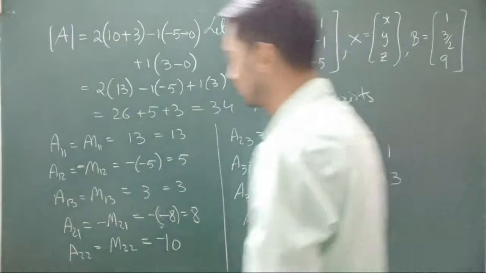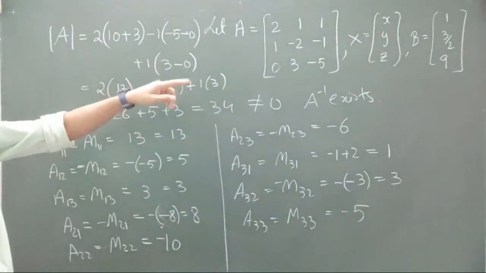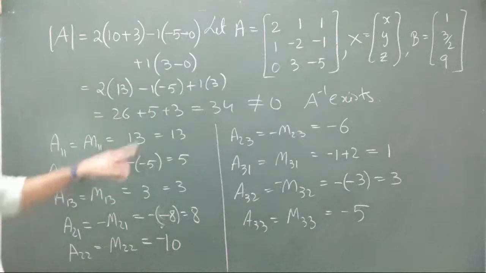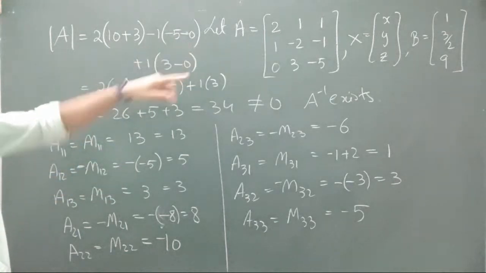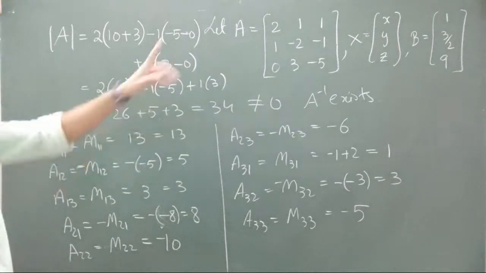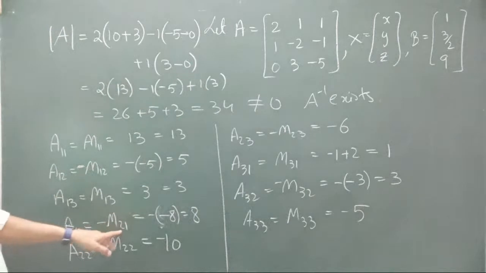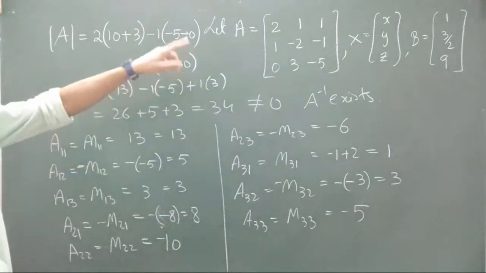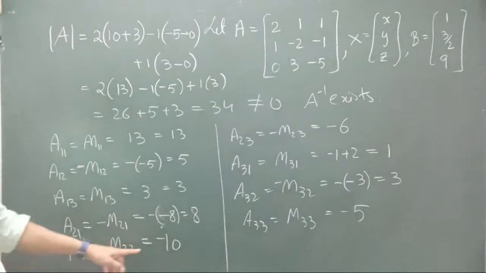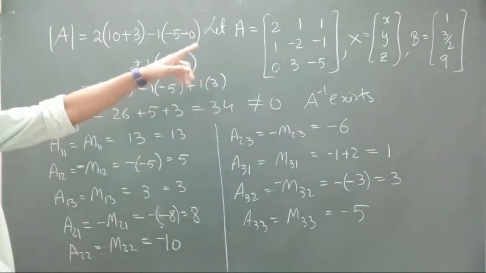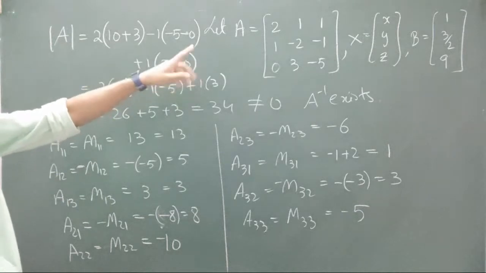I hope I haven't made any mistake there. Let's check once again. 5 twos are 10 plus 3, 13. M 1, 2 minus 5 plus 5. M 1, 3, 3 ones are 3, no problem. M 2, 1 minus 5 minus 3 minus 8 minus minus plus 8. 2, 2. 2 5s are minus 10, no problem there.